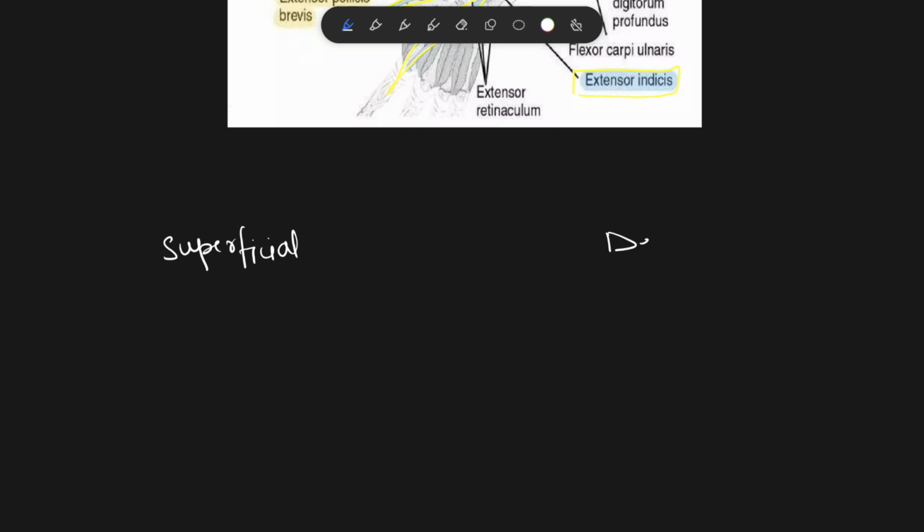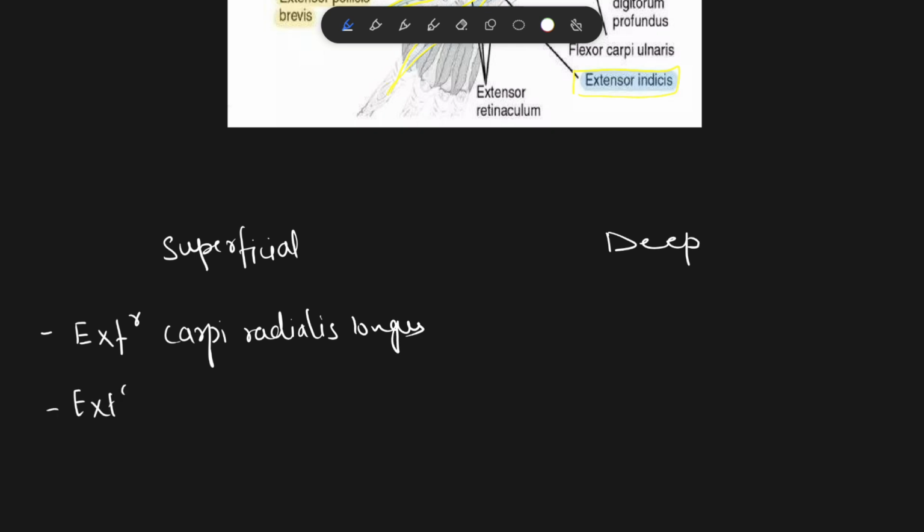So in the superficial layer, all extensors: we have extensor carpi radialis longus, it will be longus. Another will be extensor carpi radialis brevis, the short muscle.